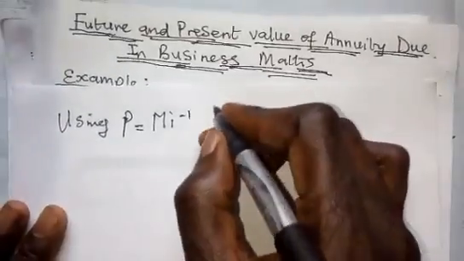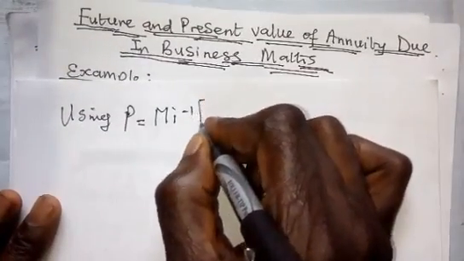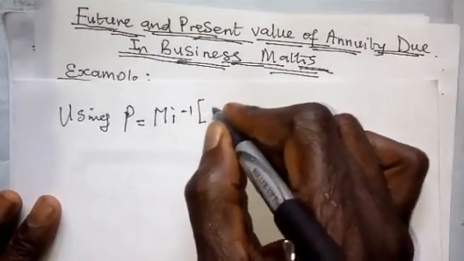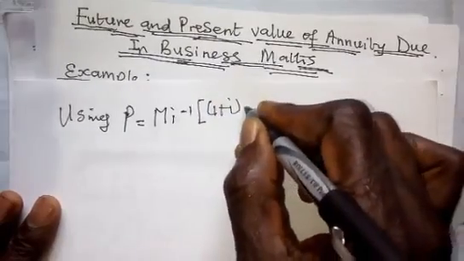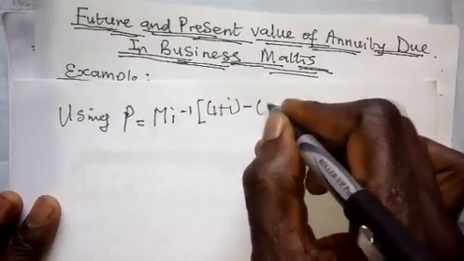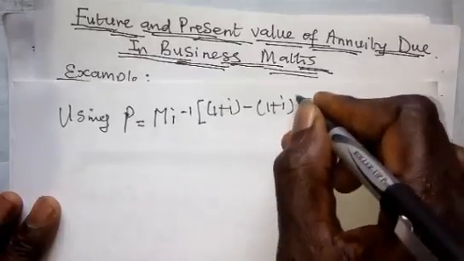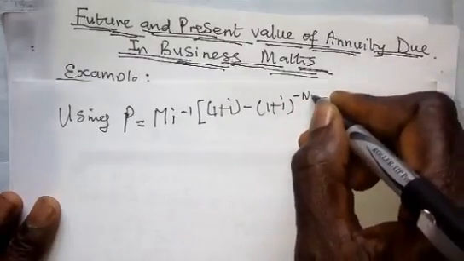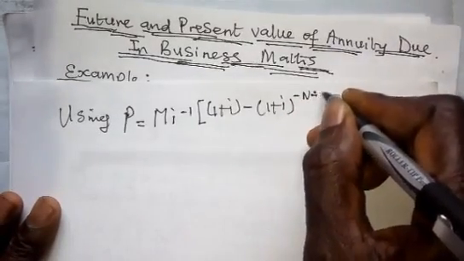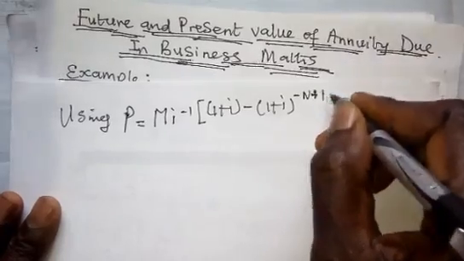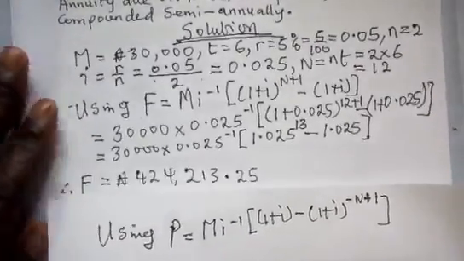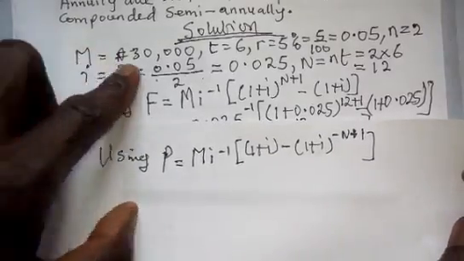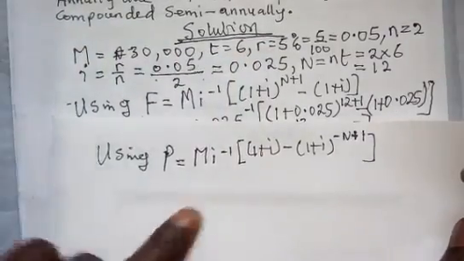Then we are going to open our bracket, 1 plus i, close the bracket, then minus 1 plus i power negative n plus 1. So that's what we are going to have. And as you already know, we are going to plug all these values we've gotten into this formula.